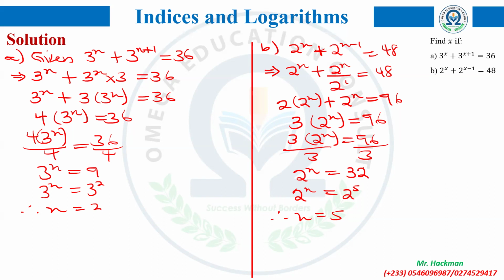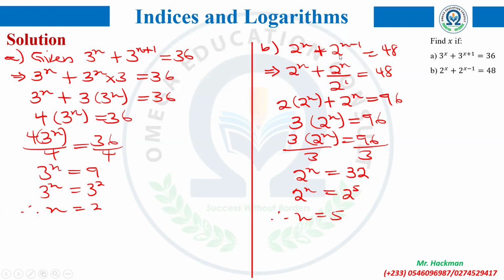So on that note, any questions? You should be able to recognize the type of equation and how best to deal with it. If in this case we had the base to be different, and the exponent also to be different, then we'll go the relative math approach.